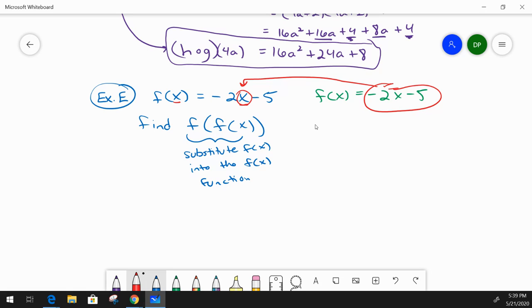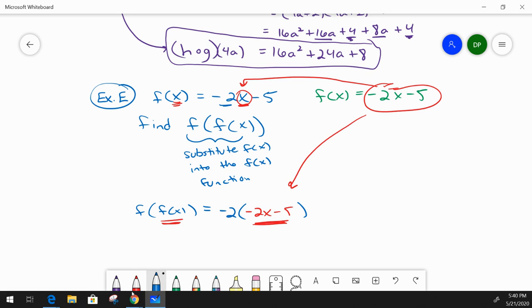So your f of x is going to equal, we still have a negative 2 out front, but in place of x, we are putting negative 2x minus 5. So that replaces our x. X gets replaced with negative 2x minus 5. We still have this minus 5 at the end.